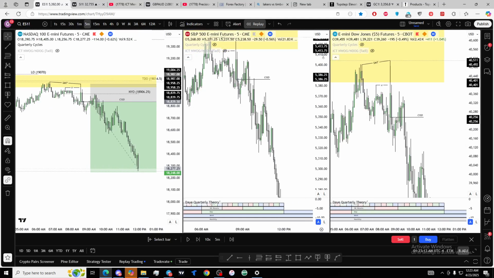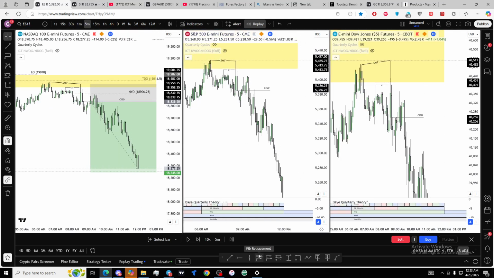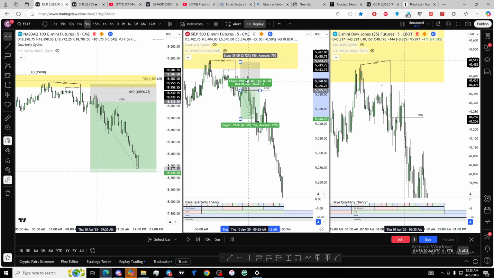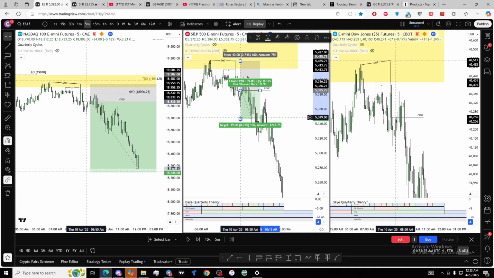And same thing here. Enter at the change of state, put your stop above the SMT, aim for 1 to 4.